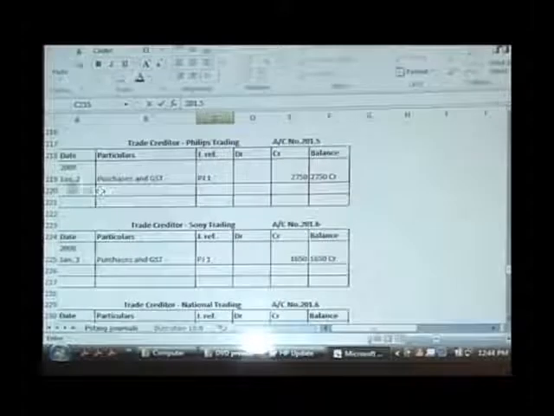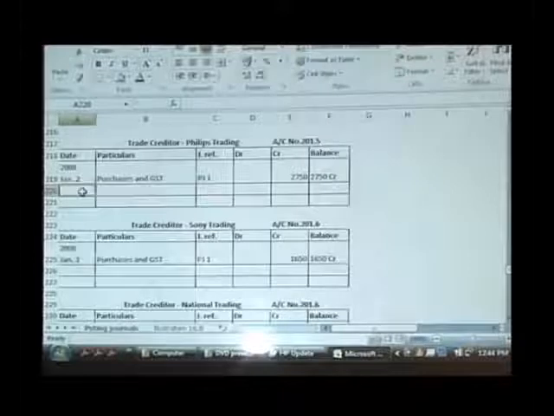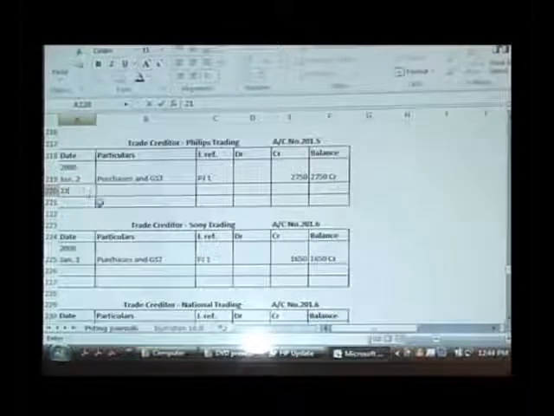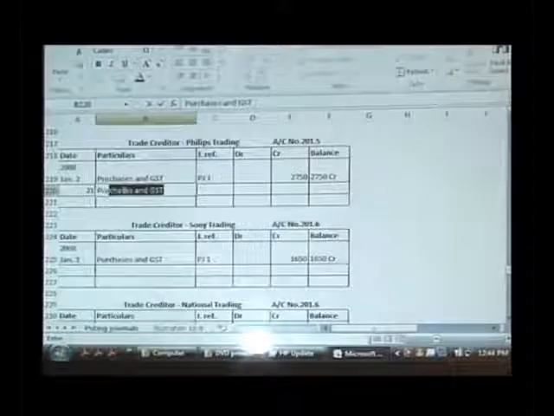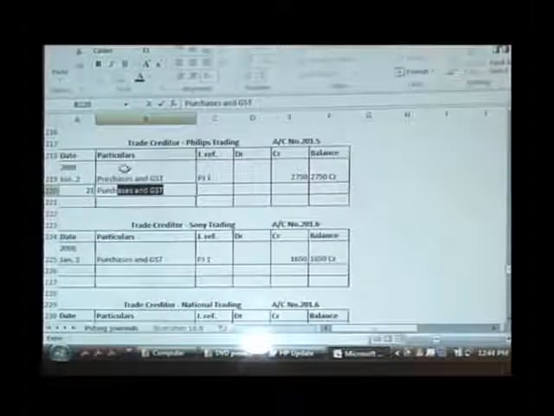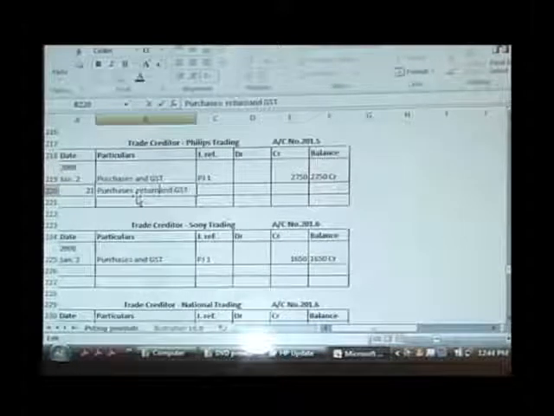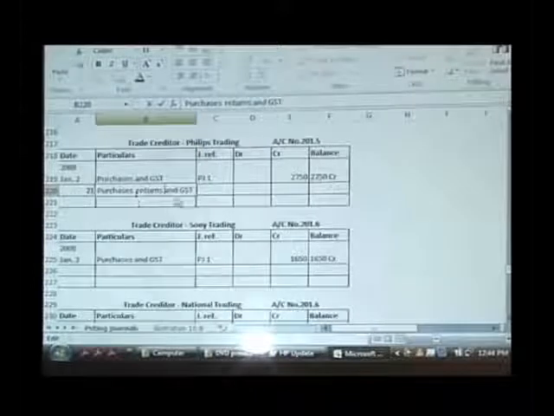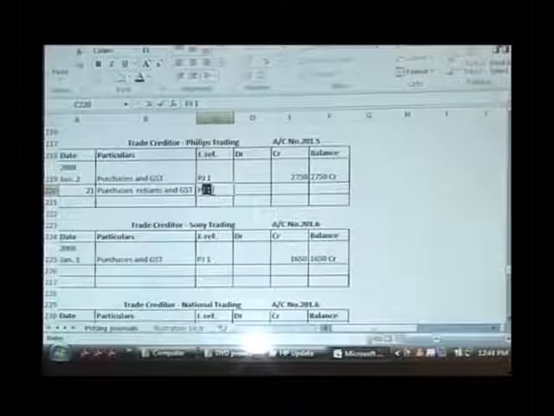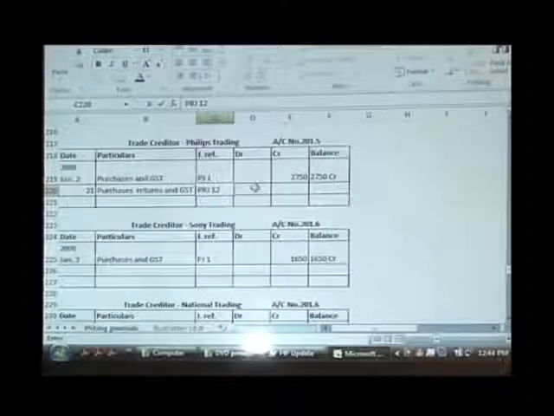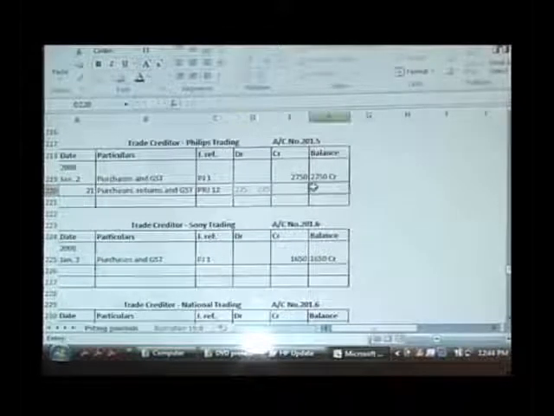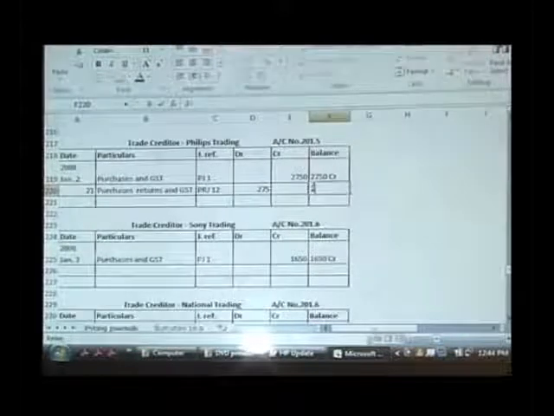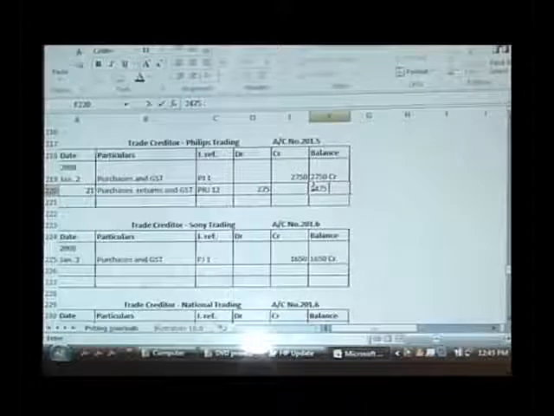Then this is Phillips Trading, date 21st, purchases returns and GST, purchases returns journal, page number 12, 275. Then the balance is 2,475 credit.